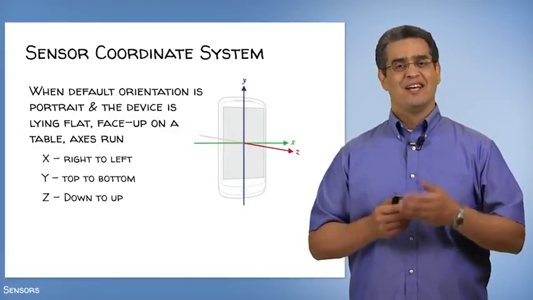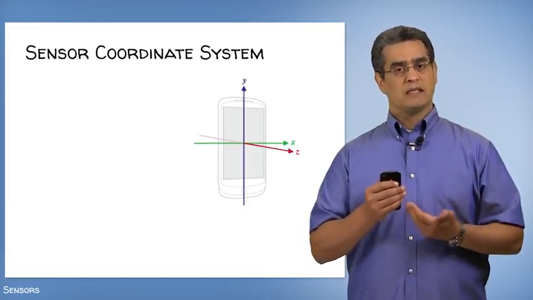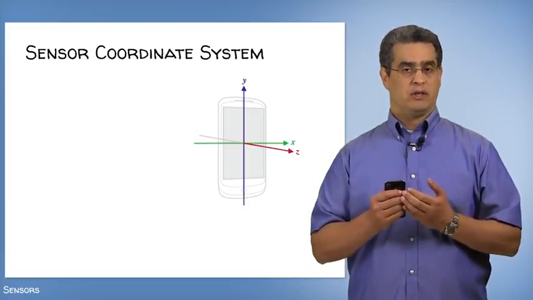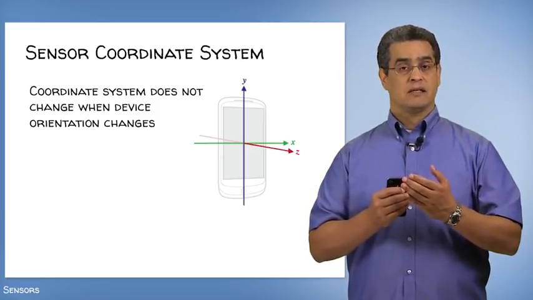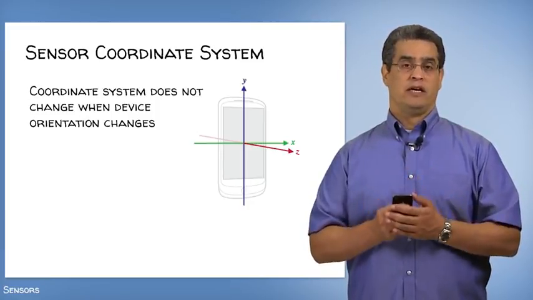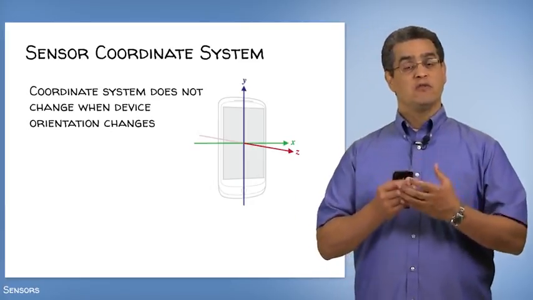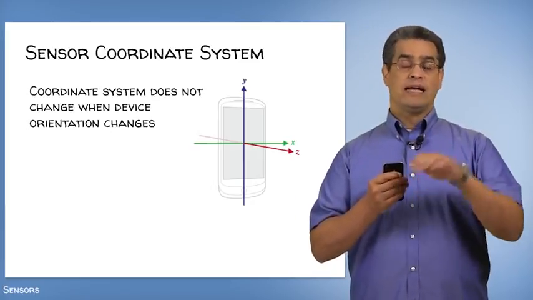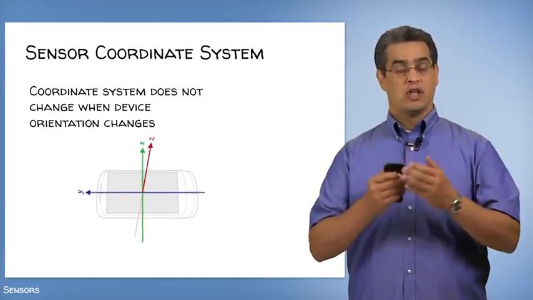And don't forget that the coordinate system is oriented around the device's default orientation, and that doesn't change even if the device changes its current orientation. For instance, even if the device moves from portrait mode to landscape mode, the coordinate system doesn't change.